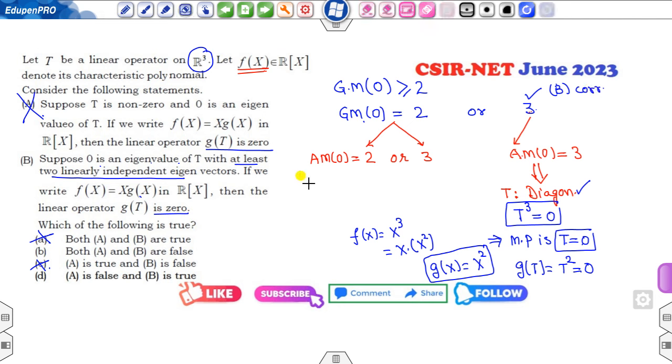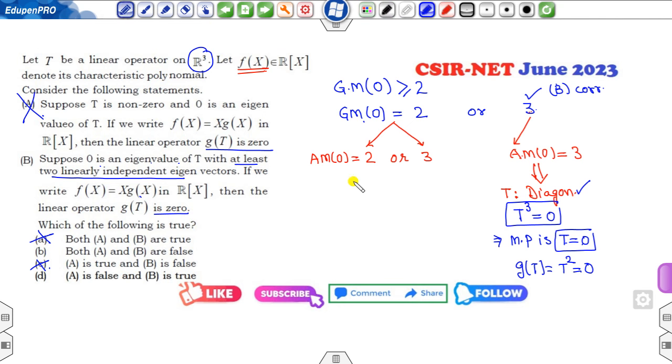But now look at the other two cases also. If the geometric multiplicity is 2 and the algebraic multiplicity is 2, that means T is diagonalizable. Since it's degree 3, the characteristic polynomial has x square as a factor and one other factor, x minus lambda.